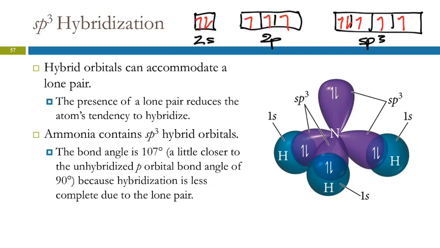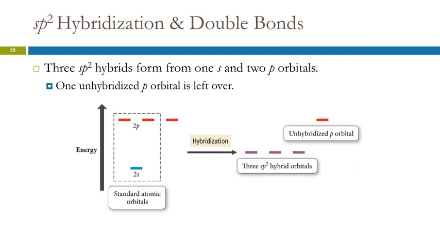So what about double bonds? Well, we don't have to take all 3 of those orbitals from the 2p sublevel. We can take the 2s and 2 of the 2p orbitals and put them together and leave this one alone.